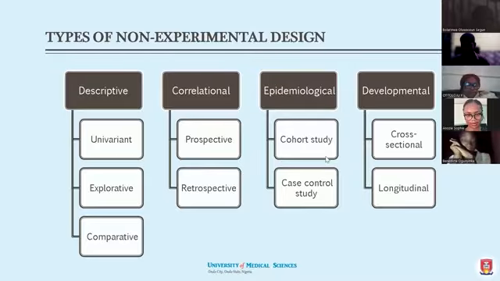Under correlational study, you may have what you call prospective or retrospective. Dr. Anokuru spoke on this, I can remember. When you talk about prospective, it's looking at what can be the impact or the effect of a particular situation, a particular condition later in life.